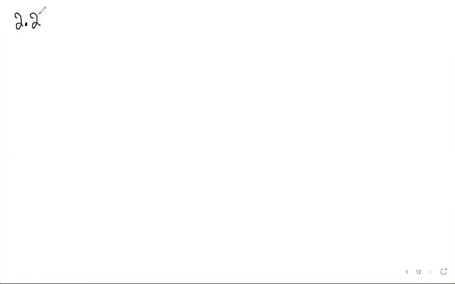It's graphs of functions. So now in this section of this chapter, we're going to graph our functions.